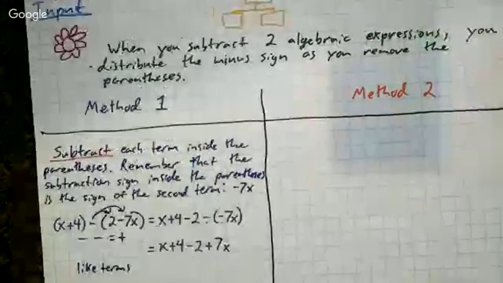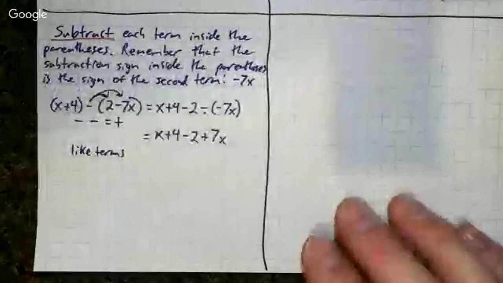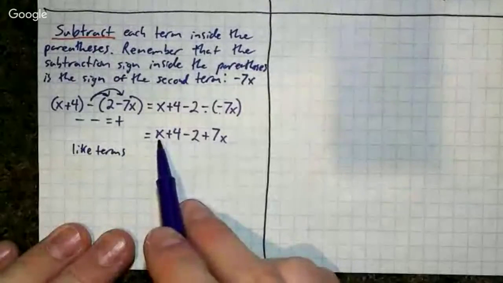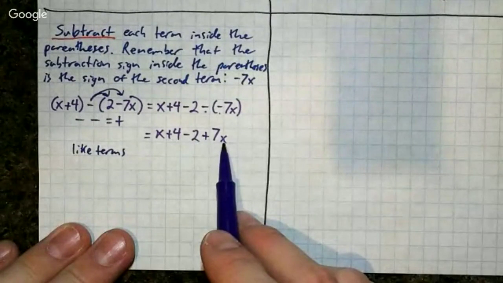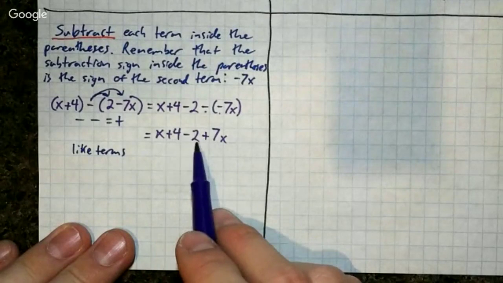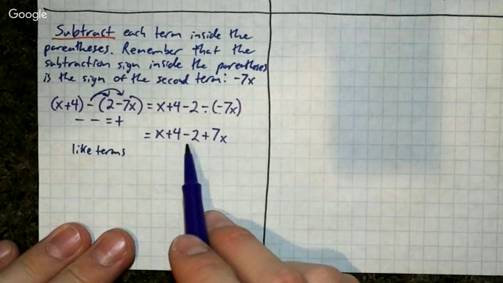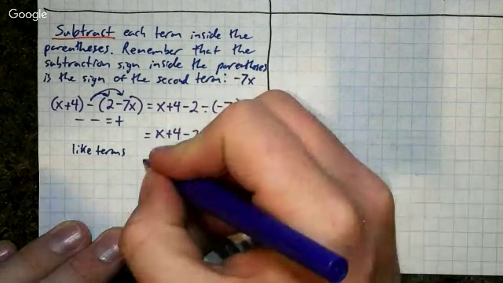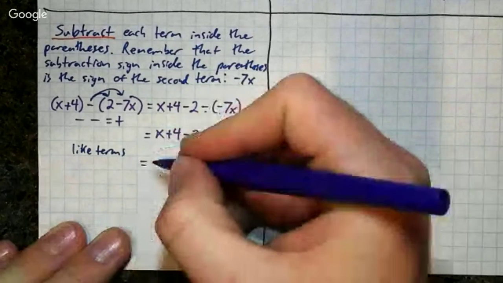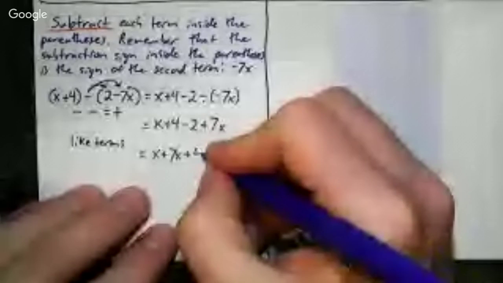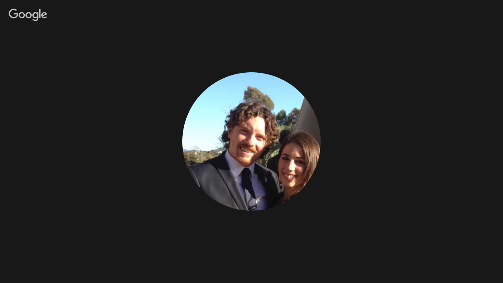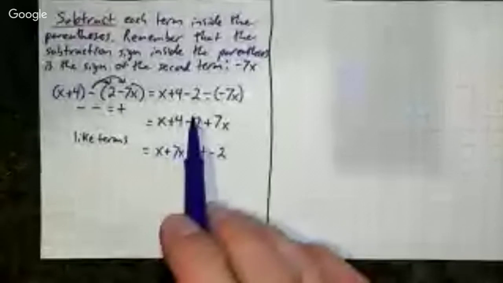Let's continue. Okay, so now we need to find the like terms. Well, we have x, and x is a variable. That is going to lead us to x plus 4, because we have a positive 4, minus is the sign of that term.